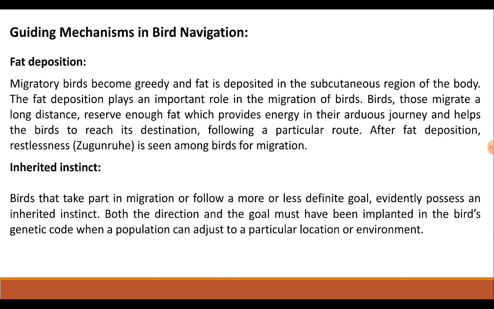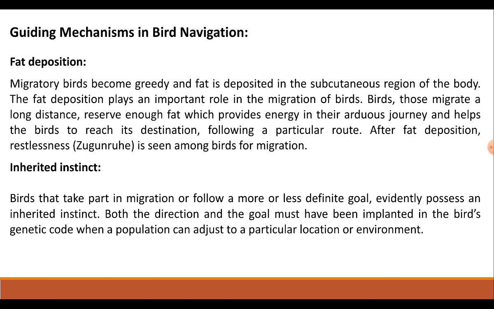The other important aspect with respect to bird migration is the guiding mechanism in bird navigation. For more than a century, the celestial navigators among birds have fascinated ornithologists, and different explanations have been advanced to explain how birds navigate.